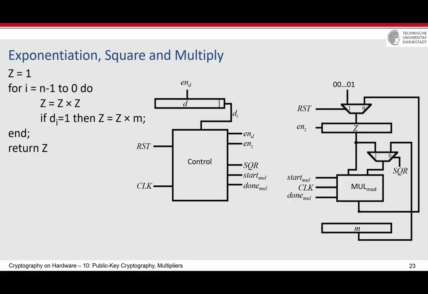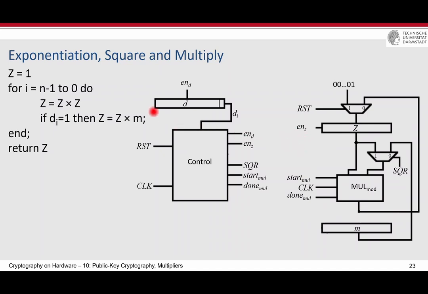Every clock cycle, what you should do first: the enable signal should be 1, meaning after the reset, this should be stored, and then, because here we are in the squaring. Once we need to perform the squaring, then the square should be 1, and then start this, wait till the done signal is 1, and then when the done signal is 1, enable here the Z register.